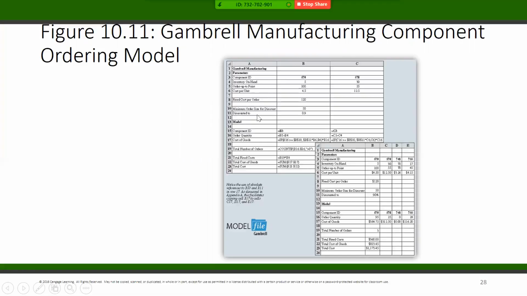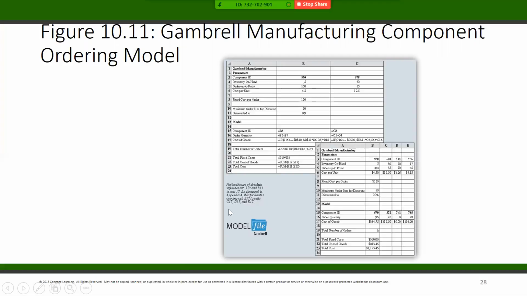It's discounted to 90%, so we're getting a discount of 10% off. And then these are going to be our different component IDs. Now this is only showing 2 of them. We actually have 4 in our final table, but they've spread it out so you can see the full equation instead of just little bitty pieces, which end up being just the numbers.